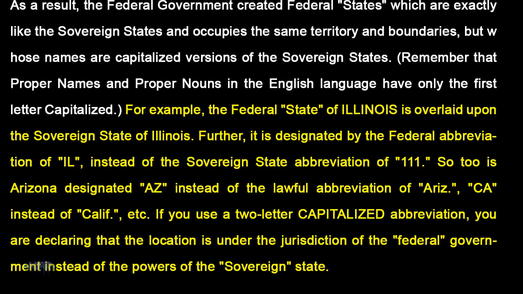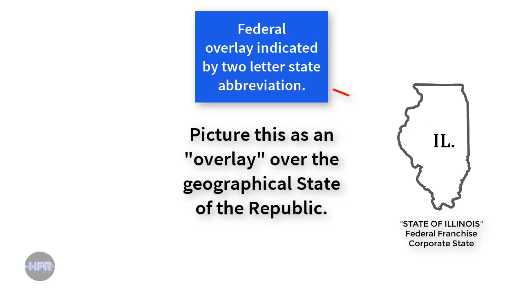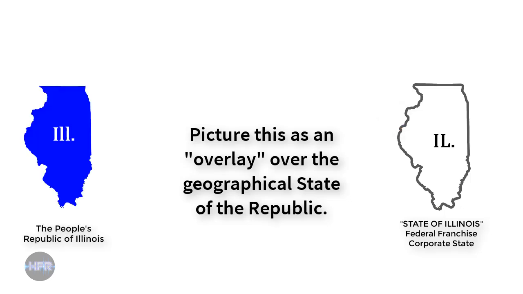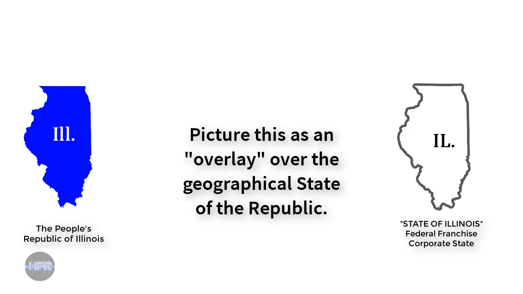Remember that proper names and proper nouns in the English language have only the first letter capitalized. For example, the federal state of Illinois is overlaid upon the sovereign state of Illinois. Further, it is designated by the federal abbreviation of IL in all capitals, instead of the sovereign state abbreviation of capital I, lowercase l. So too is Arizona, designated capital A and capital Z, instead of the lawful abbreviation of capital A, lowercase r, lowercase i, and lowercase z.